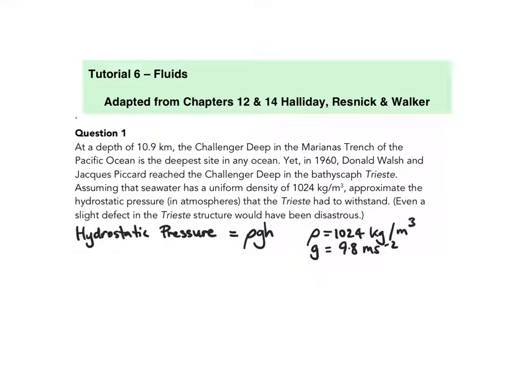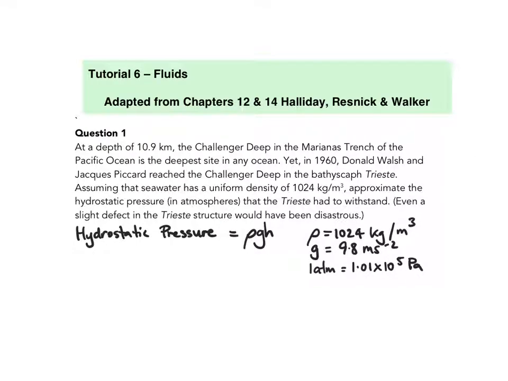And another bit of information we have is that 1 atmosphere, so 1 ATM, not an auto teller machine, it's atmospheres, is 1.01 by 10 to the 5 pascals, which is the SI unit. So we're asked to find the hydrostatic pressure in atmospheres.